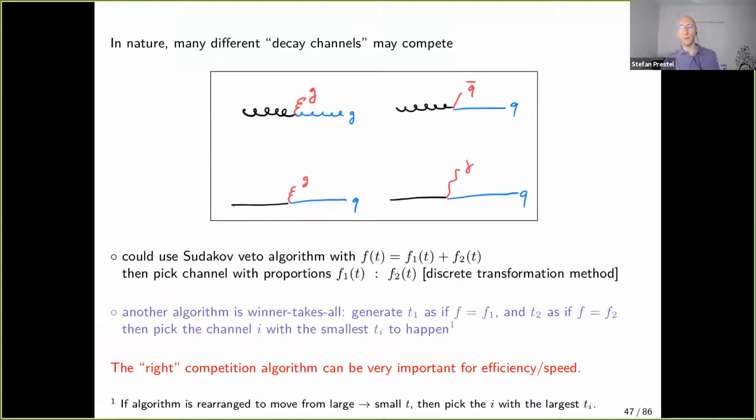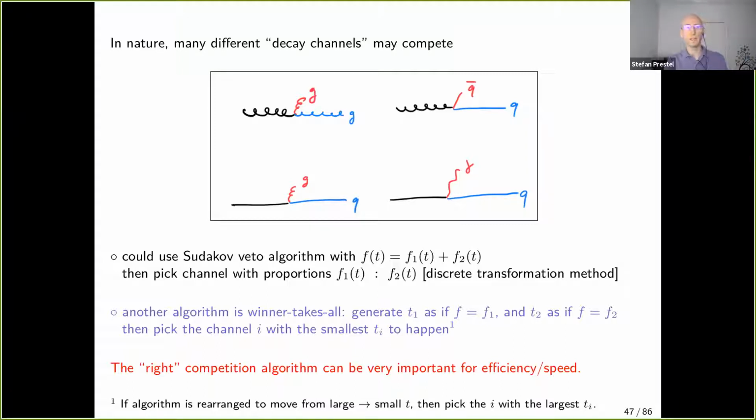Now, of course, in nature, when you have partons that can branch into each other, there are many different competing decays that can occur. So, for example, a gluon can decay into two gluons, or it can decay into a quark-antiquark pair. Similarly, a quark can radiate gluons, or if you think about the standard model more broadly, it can also radiate photons.